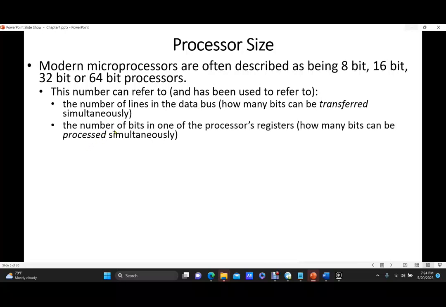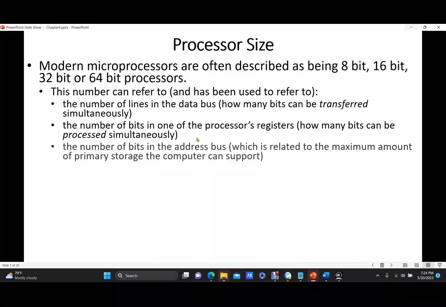It can refer to the number of bits in a processor register, which describes how many bits can be processed simultaneously, or the number of bits in the address bus, which describes the maximum size of primary storage that the computer can support.